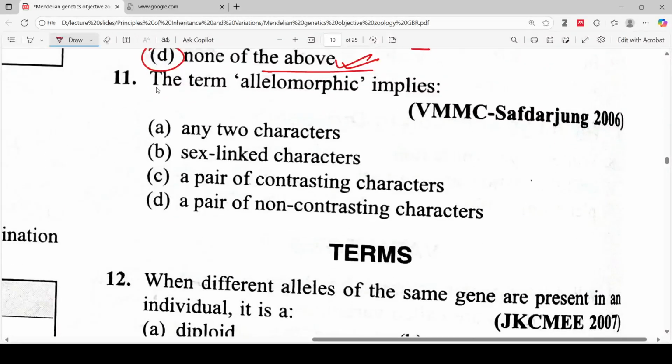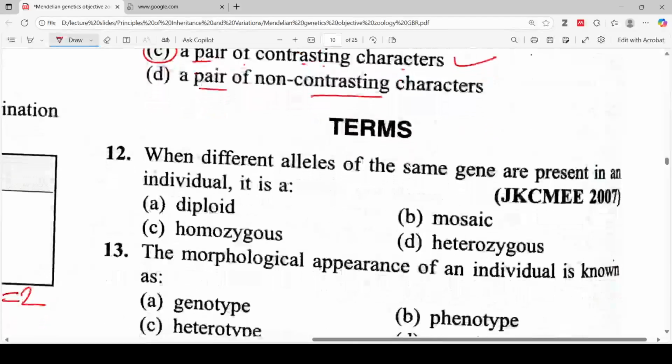The term allelomorphic implies any two characters, sex-linked characters, a pair of contrasting characters, or a pair of non-contrasting characters. So the correct answer is option C, a pair of contrasting characters. Next question.